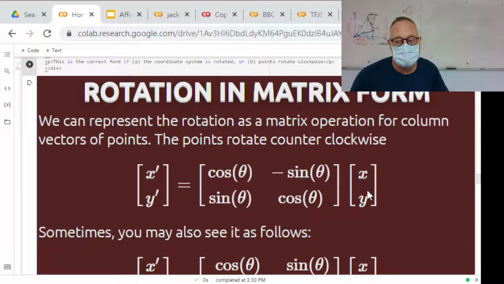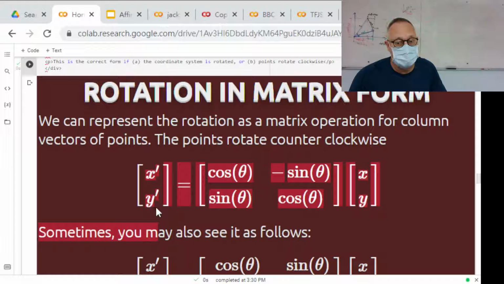If I take my original point as a column vector and multiply it with this matrix, cos theta, negative sine theta, sine theta, cos theta, then I end up with the new coordinates as a column vector, x dash, y dash.